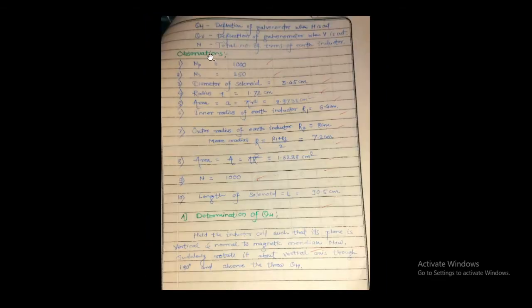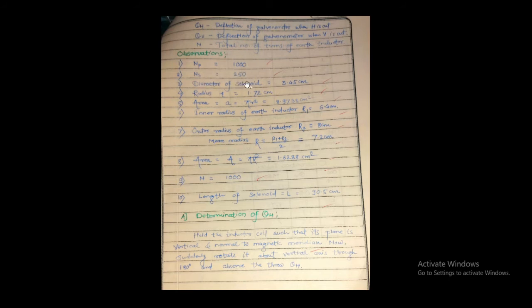Now theta h, deflection of the galvanometer when the position of the earth inductor coil is horizontal; theta v, deflection of the galvanometer when it is vertical; and N, total number of turns of the earth inductor coil.